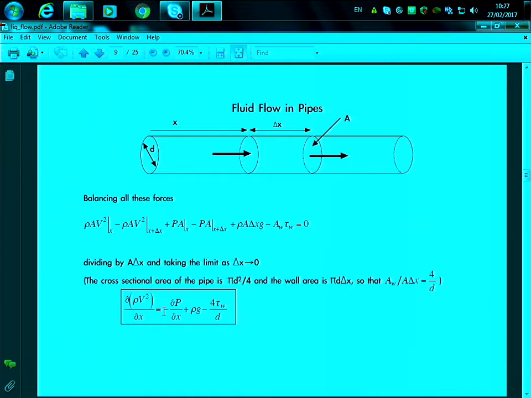If the pipe wasn't completely horizontal but had an inclination, how would this factor be modified? What would you add here?